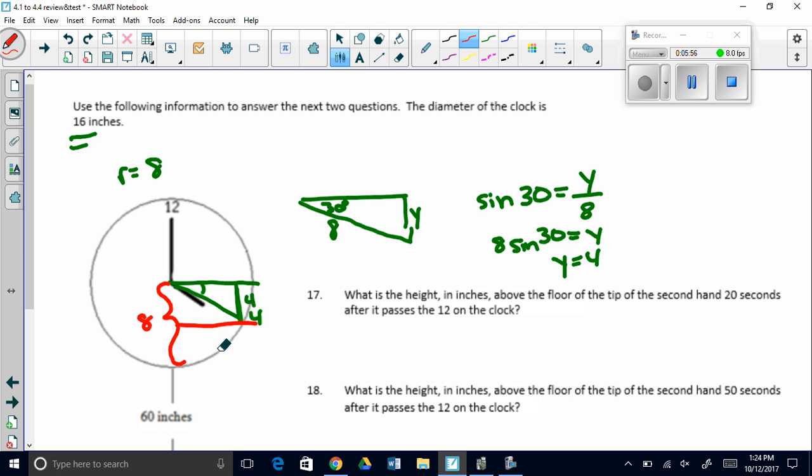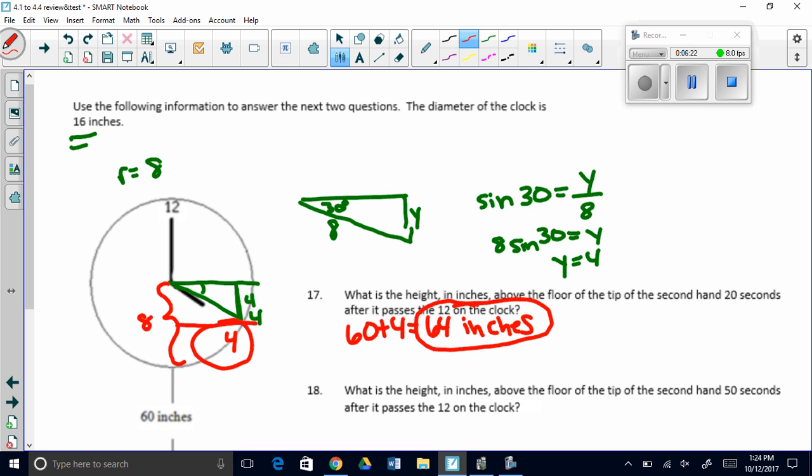So 8 minus 4 is 4. So that gives us this distance right here, 4, plus the 60 inches to the floor. So it's 60 plus 4, which is 64 inches. And I'm wondering now if my answer key for that one was right or not. I think it was, but I can't remember exactly. So that's how you would do that one.